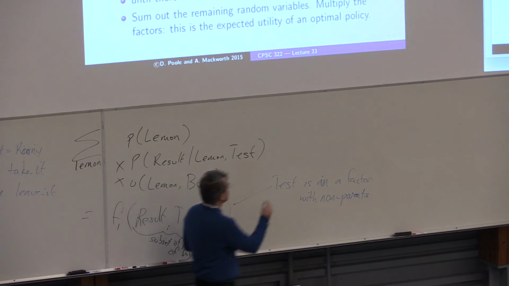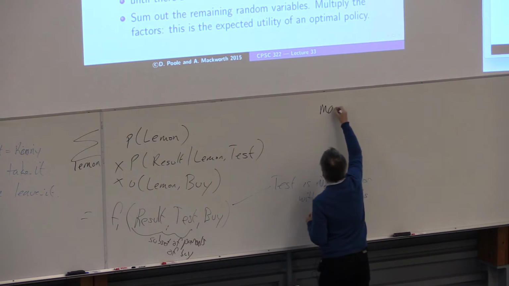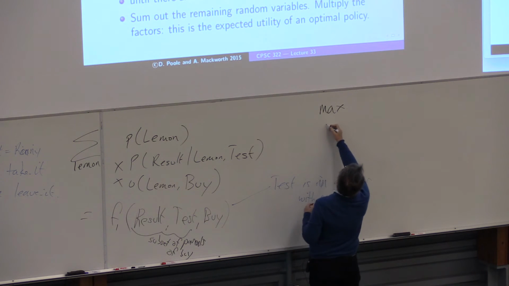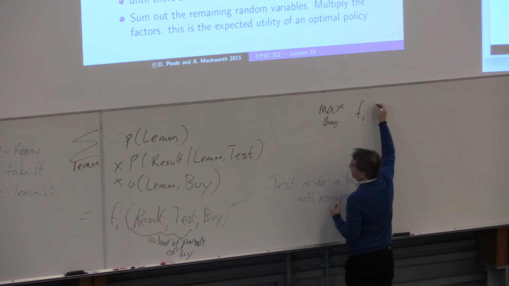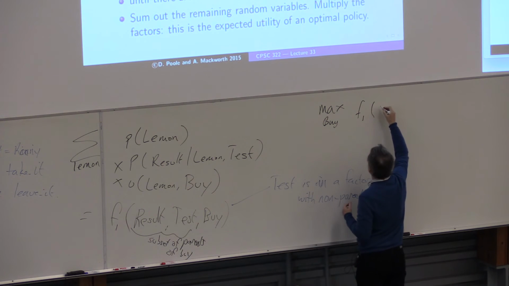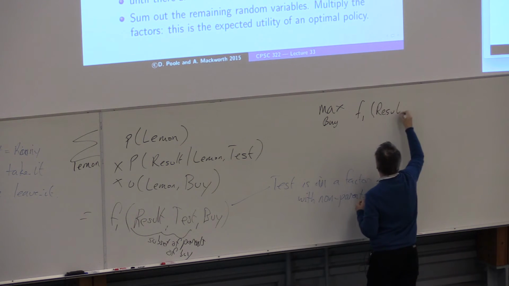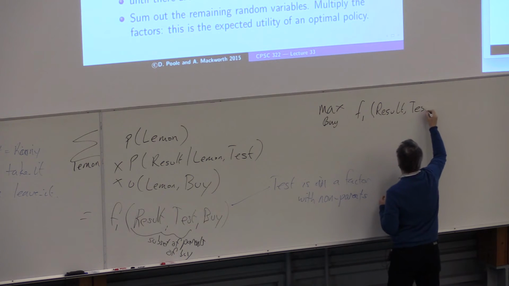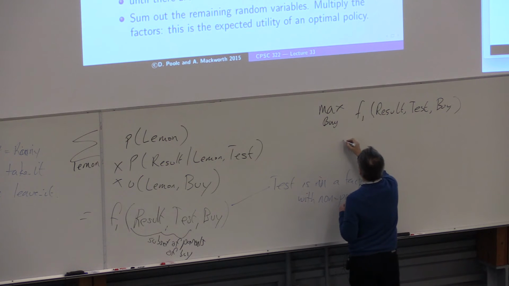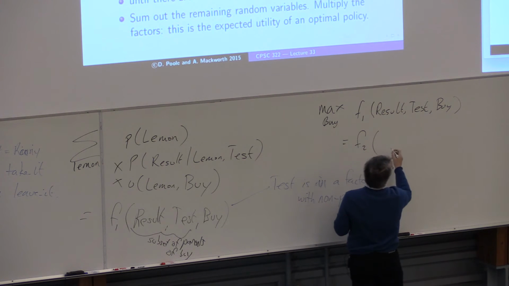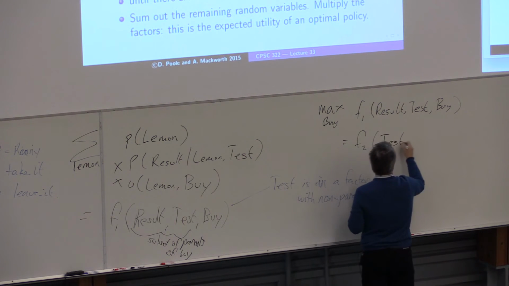So we're going to do the maximum over by of F1 of result, test, and by. That is some factor F2 of just test and result.